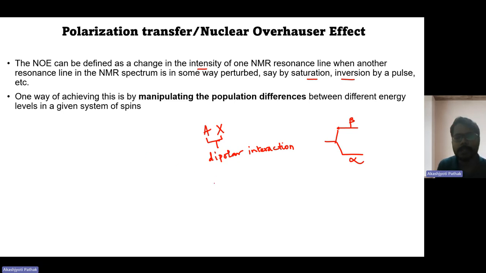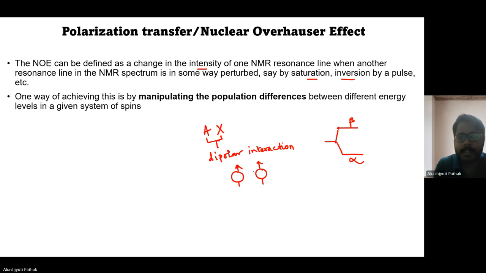Why do they act as dipoles? Because they have charge and an associated magnetic moment, which makes them behave like small magnets. Because of this magnetic property of the nuclei, they behave as dipoles.